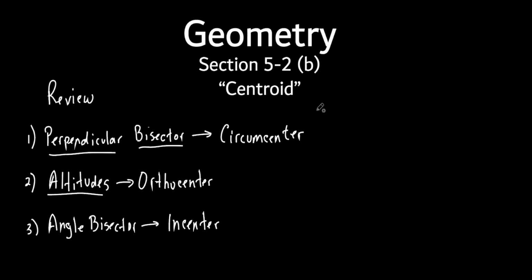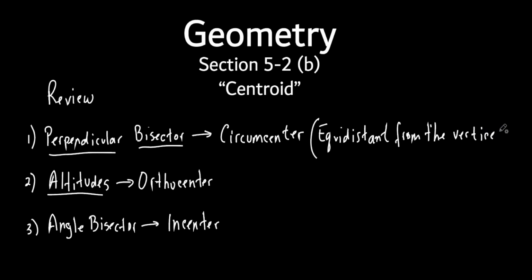Tell you what, I wasn't going to do this, but I'm going to do it anyway. Circumcenter, what's special about it? It's equidistant from the what? From, or to, I guess you could say, to or from the, what? Vertices. Remember that? Okay.